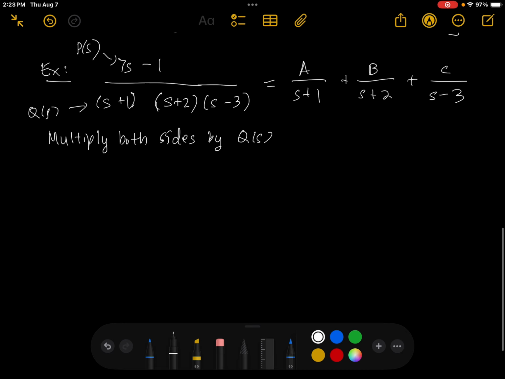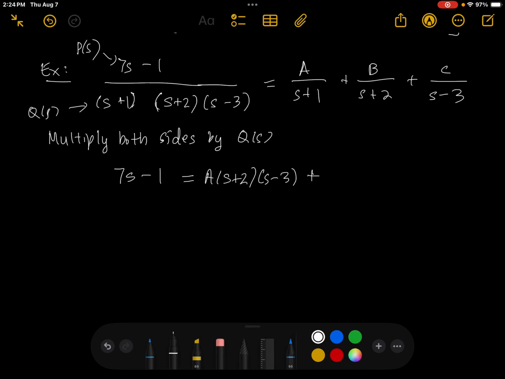So you multiply both sides by Q of s, and you get 7s minus 1 equals... Now what do you get when you multiply the right-hand side by the denominator? When you look at A over s plus 1, the s plus 1s are going to cancel, and that's it. So you get A times (s plus 2) times (s minus 3).